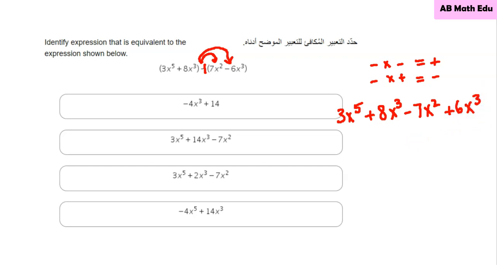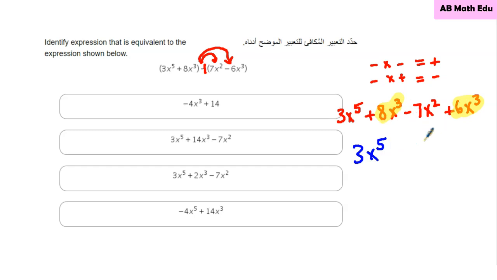Now when we are here, we are going to combine like terms. You have to look at the exponent. So here the cubes, this and this one, they are all positive, so you put them together. We're going to write them in descending order, that means the biggest one first, which is x to the power 5, followed by the cubes.